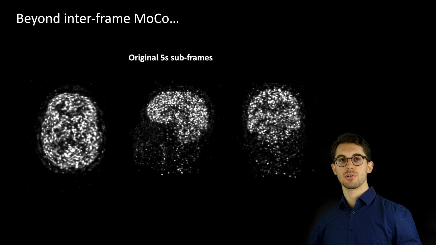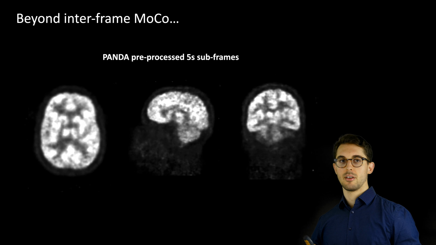The utility of PANDA goes beyond interframe motion, and to support this claim, we also performed intraframe motion detection using very short 5-second subframes. PANDA pre-processed frames look significantly better than the original 5-second subframes, which lack much structural detail.